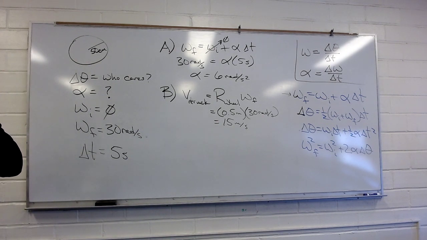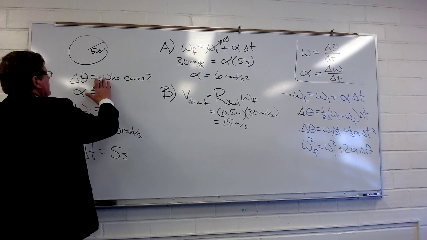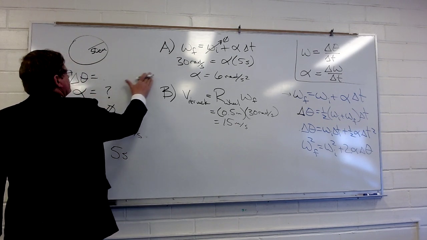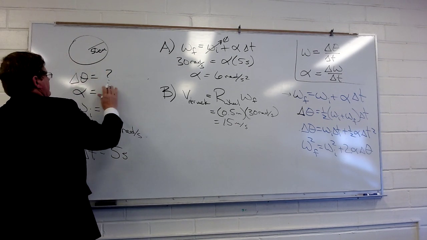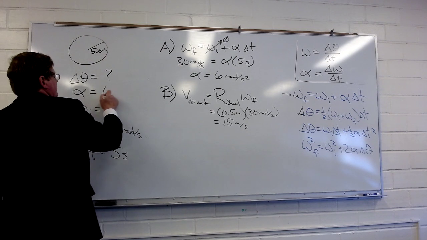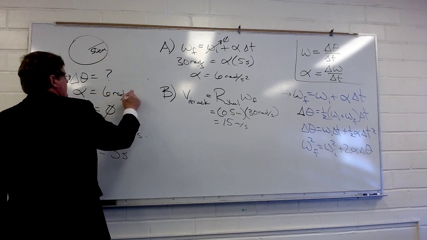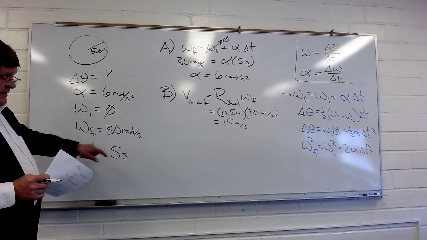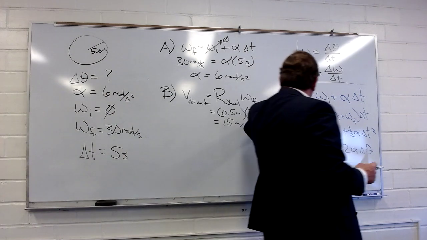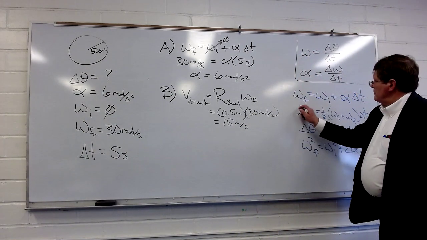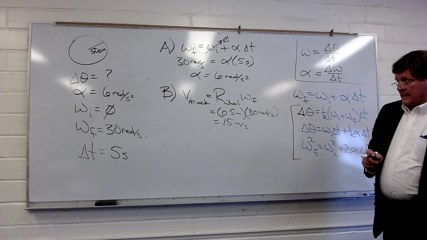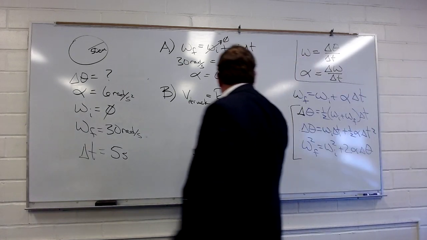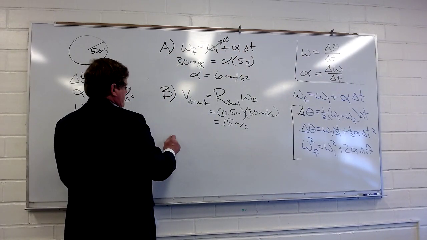Now, the last part of this question asks us, through what total angle does each wheel turn during these 5 seconds? Well, now we're looking for this. We already found that this was 6 radians per second squared. And now, because we have 4 pieces of information, there are 3 equations that will all give me the same right answer. So I'm going to use that second equation.